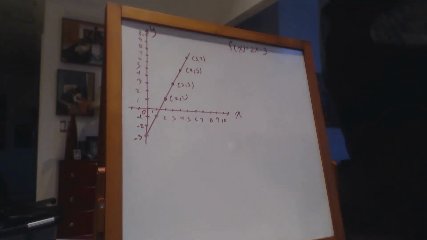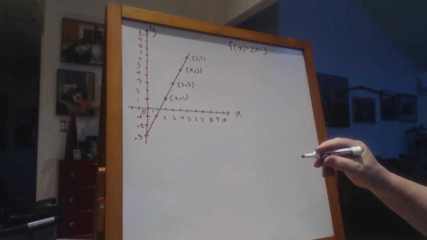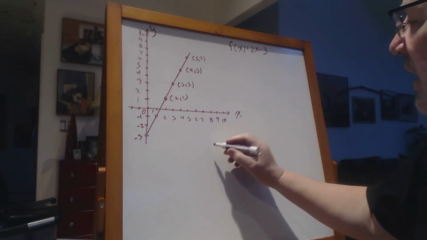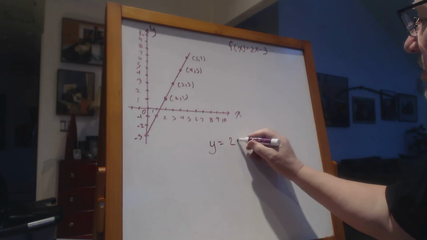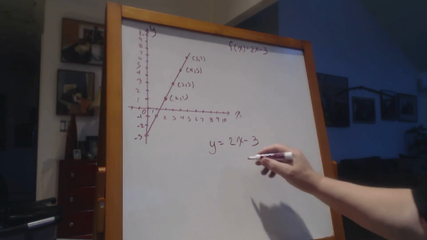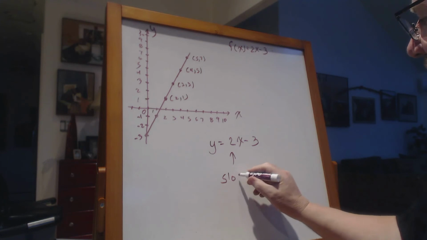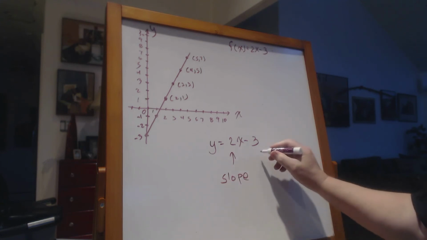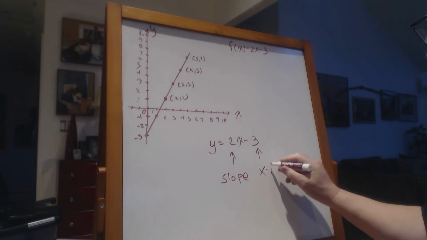Okay, so now we have y equals 2x minus 3. Well, we call this the slope, and we call this the y-intercept.